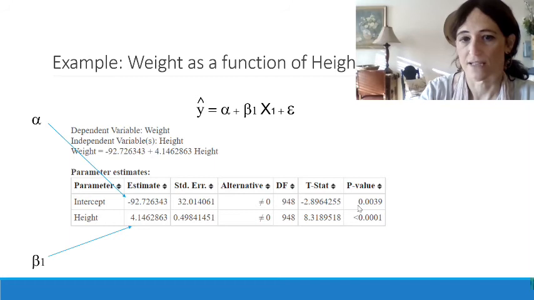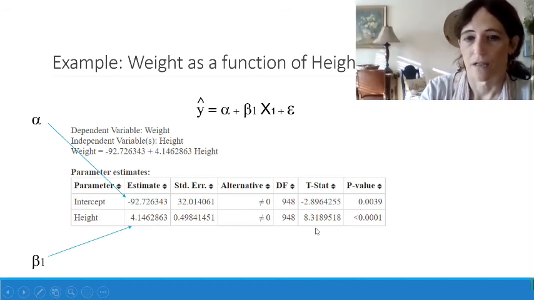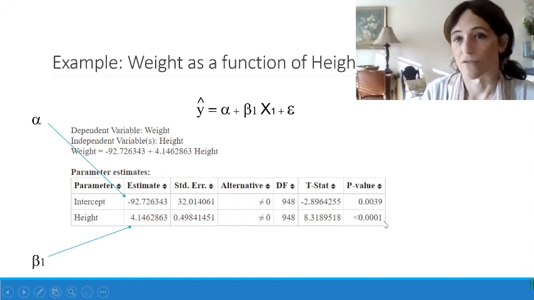Notice that we also in this output have tests, and we have p-values associated with those tests. It's actually the ratio of the estimate to its standard error, and that gives us this t statistic from which we can derive a p-value.